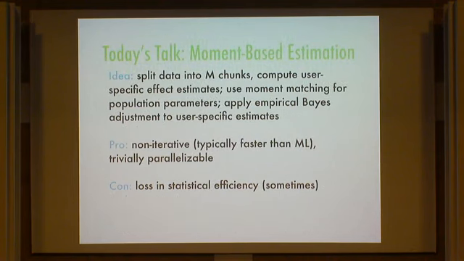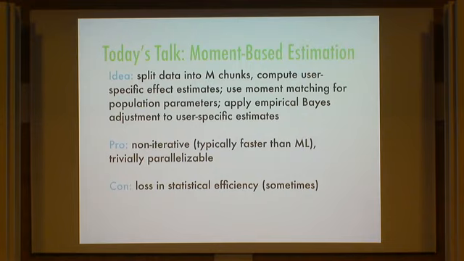Okay, so what I'm going to talk about is a different approach based on moment-based estimation. The idea is to split the data into capital M chunks, one chunk for each user. Use these user data in isolation to get user-specific coefficient estimates.